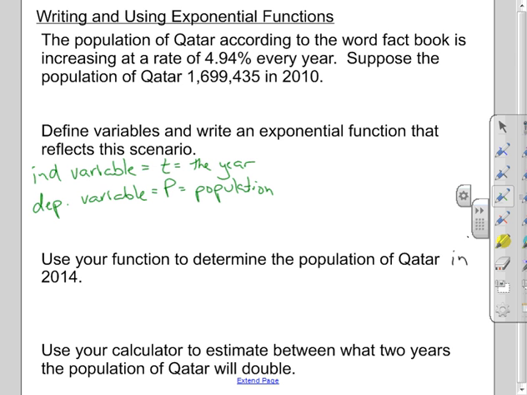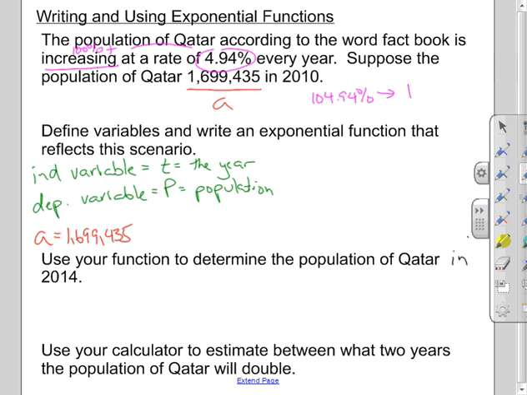Okay? Now, for us to be able to ascertain what a and b are, a is the initial value, which is pretty straightforward, 1,699,435. Sometimes when you're reading a word problem, it's just good to underline and put the letter a. And to find the multiplier, we realize this says increasing, so that means it's 100% plus the percentage they give you in the problem, which is going to give us 104.94%.